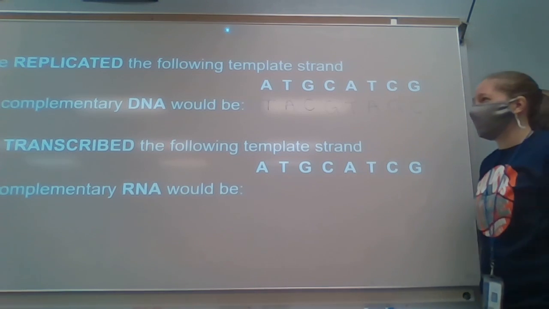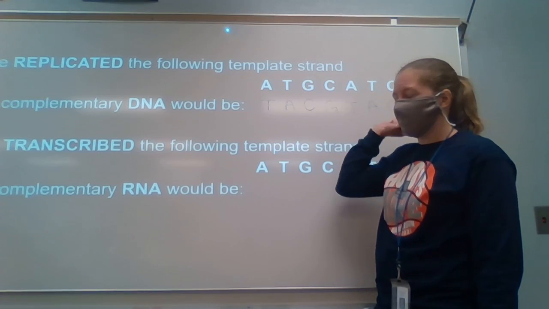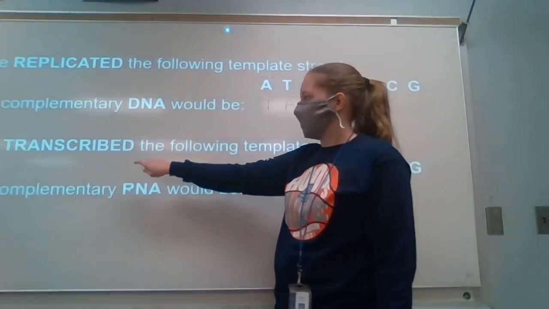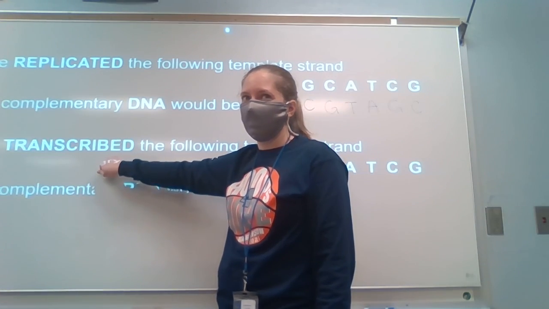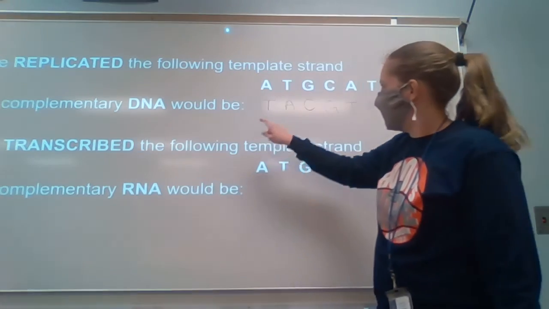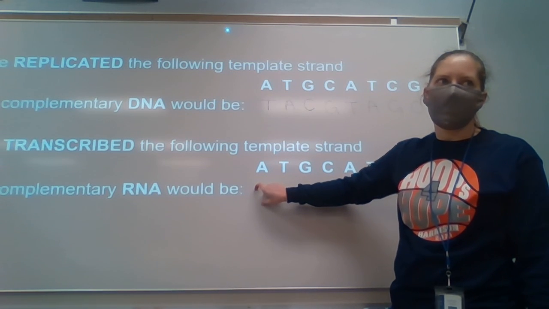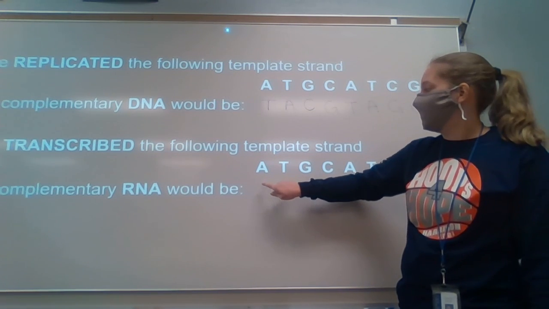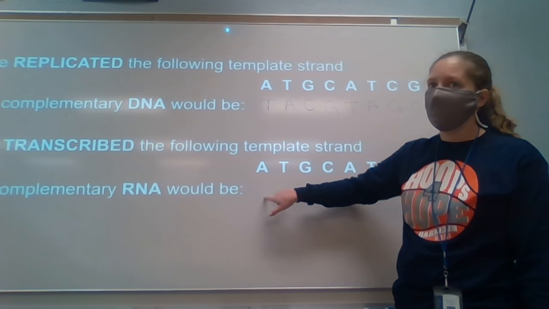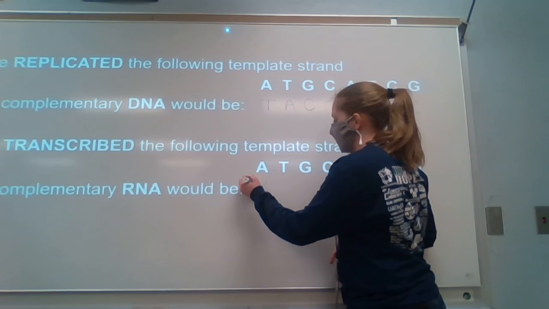If instead of replicating and adding DNA nucleotides to make more DNA, we were going through the transcription process, which we'll talk about in more detail tomorrow, instead of adding DNA nucleotides, we're adding RNA nucleotides. So instead of a T here, I would have a U. And everything else would be the same though, right?